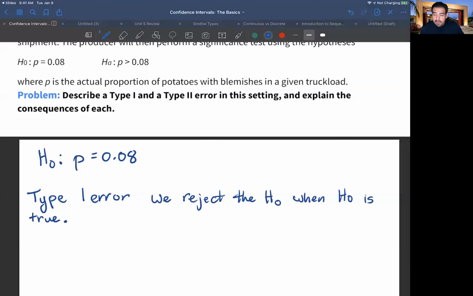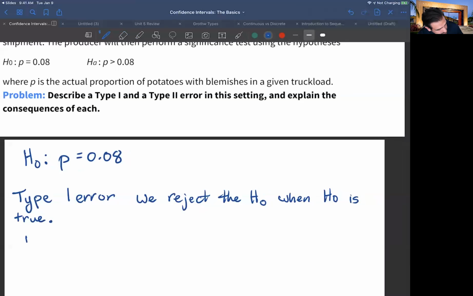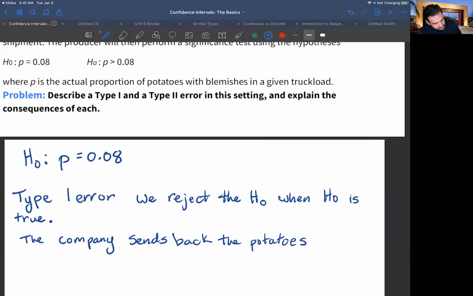When we have a type 1 error, we're going to say the company sends back the truck or the potatoes. Meaning they have to wait to make chips.